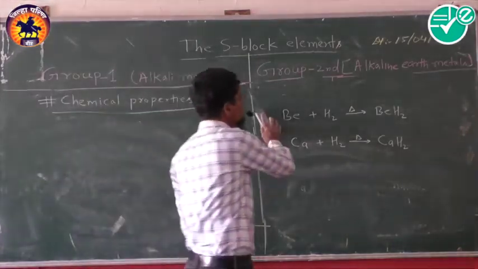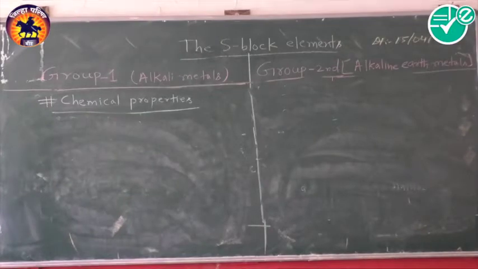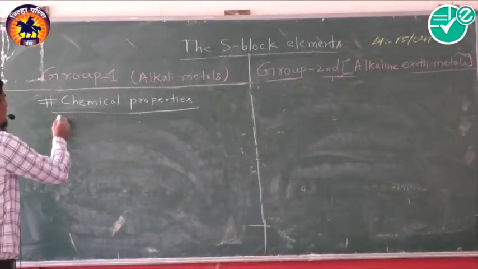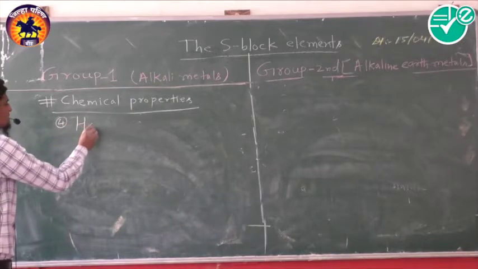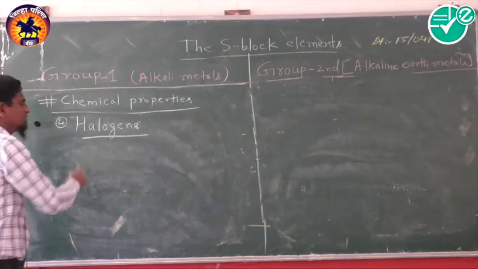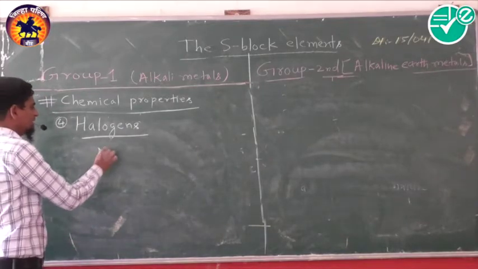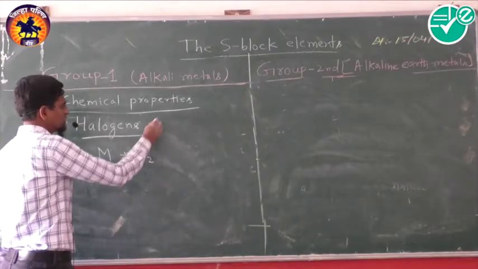Reactivity towards halogens. All alkaline earth metals or alkali metals react with halogens. Okay, you take any alkali metal and do the reaction with halogens.